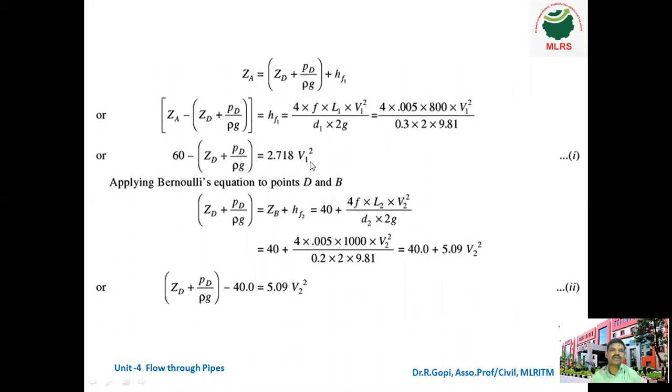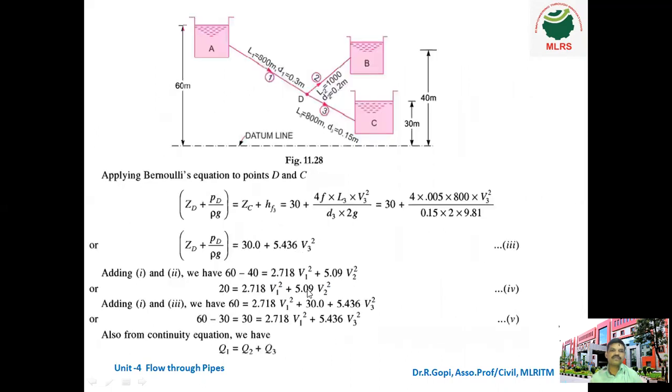Suppose I calculated V1, then we can easily calculate ZD plus PD by rho G. Or using V2, ZD plus PD by rho G equal to 5.09 V2 square. Or V3, ZD plus PD by rho G equal to 30 plus 5.43 V3 square. So our ultimate aim is to find this piezometric head.